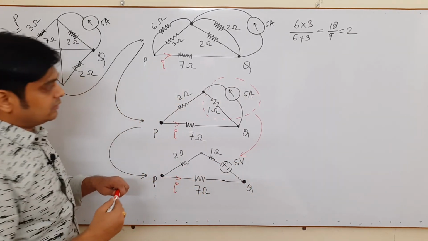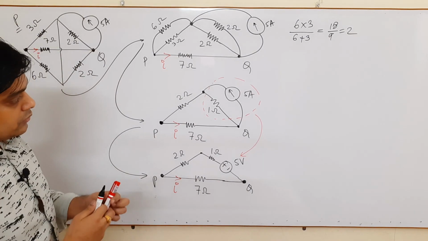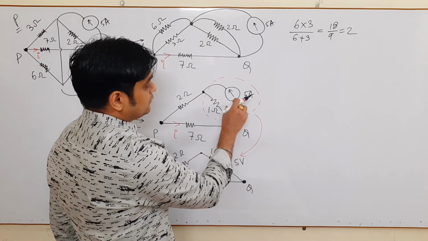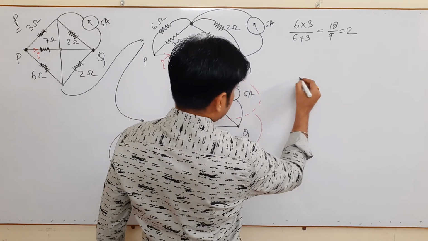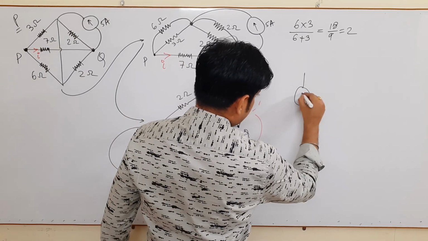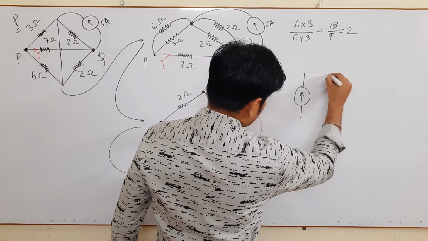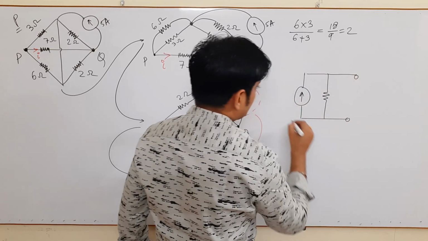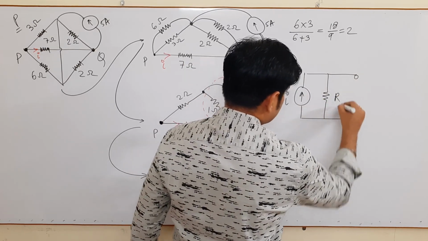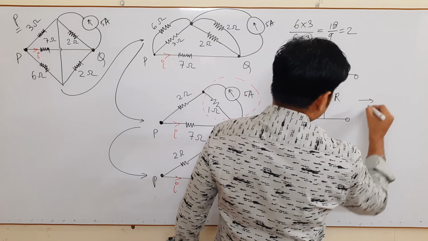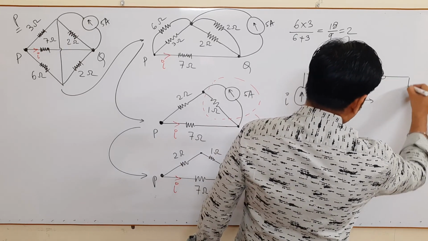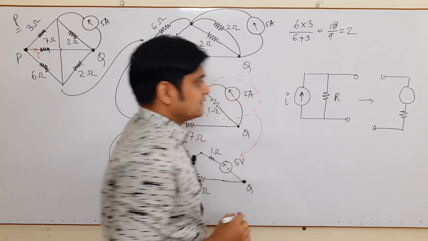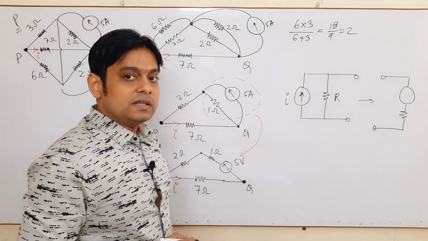It is known as source conversion. It means, whenever there is a current source in parallel with a resistance, say this is a current source I, this is R, you can convert it into a voltage source with a resistance in series.